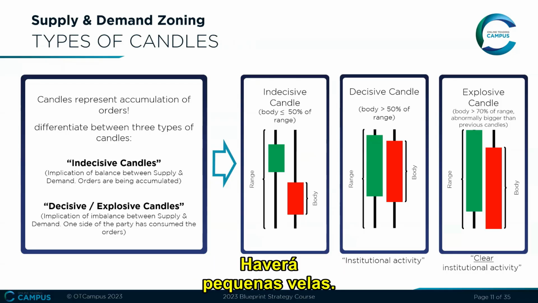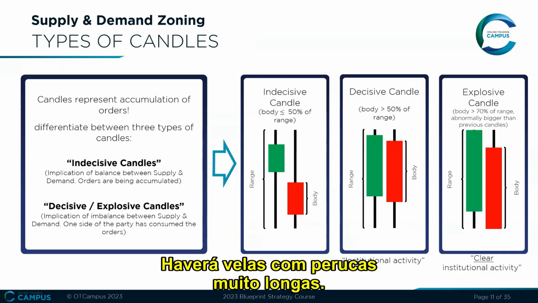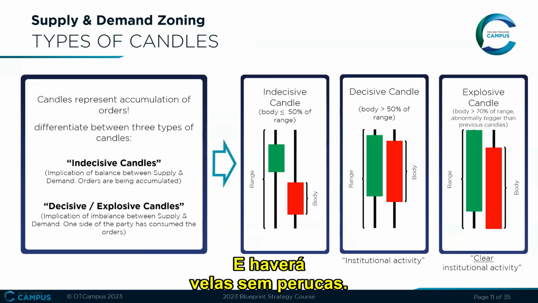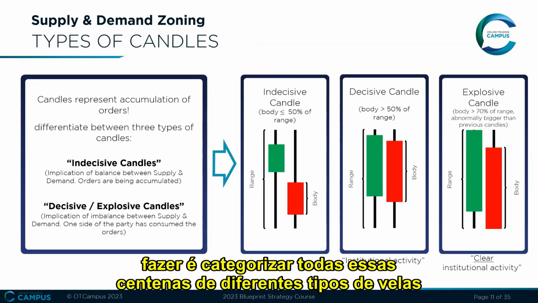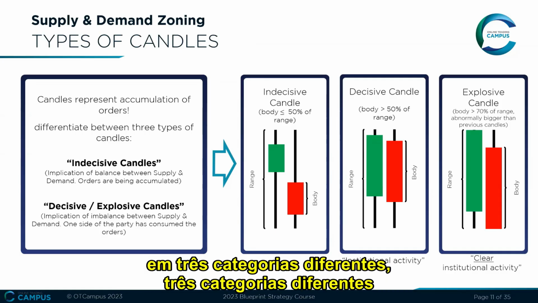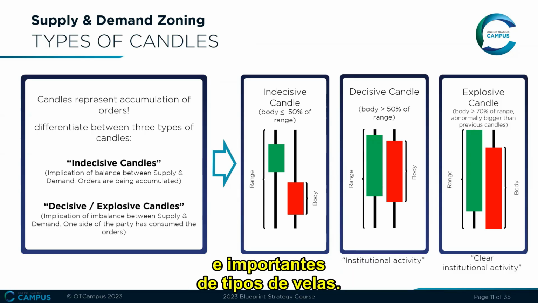There's going to be small candles, there's going to be large candles, there's going to be candles that have crazy long wicks, and there's going to be candles that have no wicks. For us to make sense of those candles, we can categorize all of those hundreds of different types of candles into three important categories of candle types.